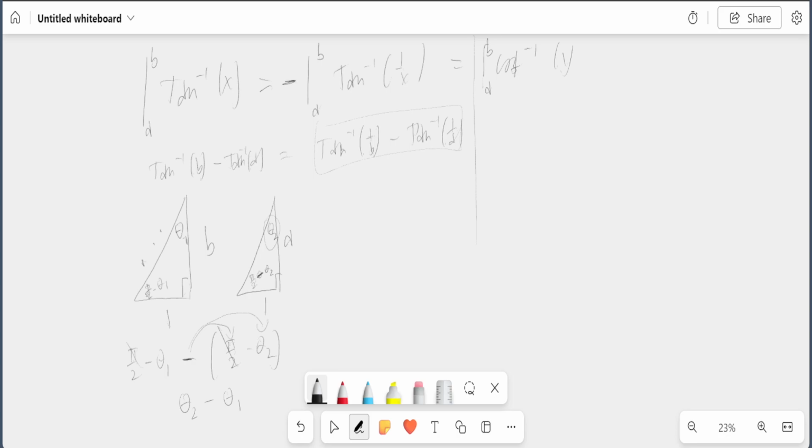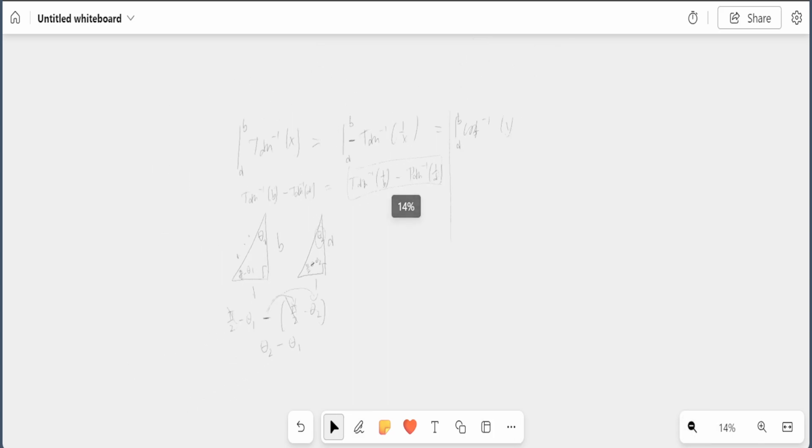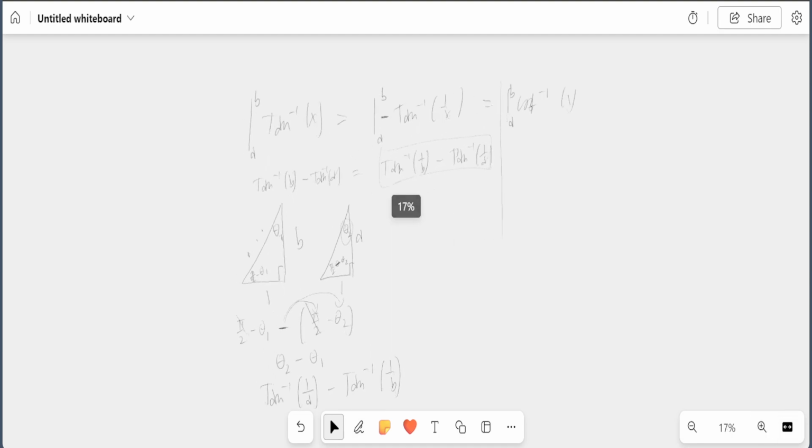Oh, there's a negative here. That's why. So tangent inverse 1 over a minus tangent inverse 1 over b. Does that make sense? How I got that?